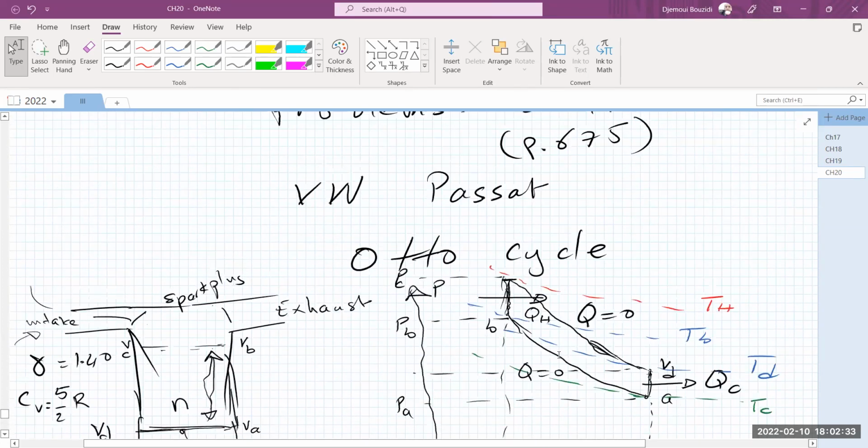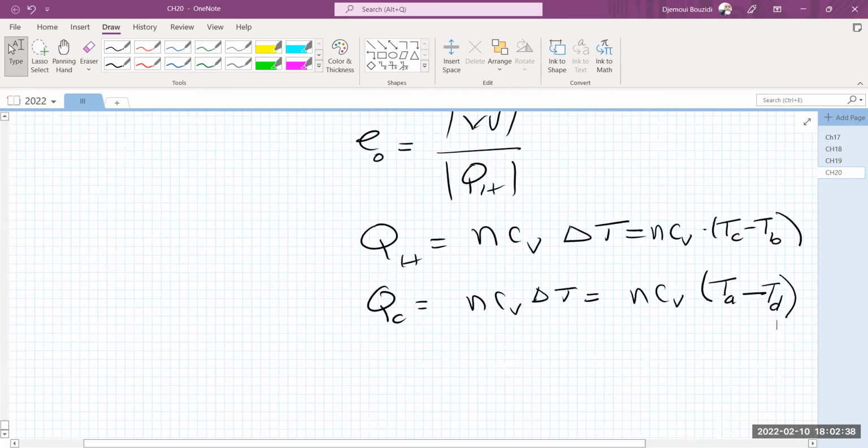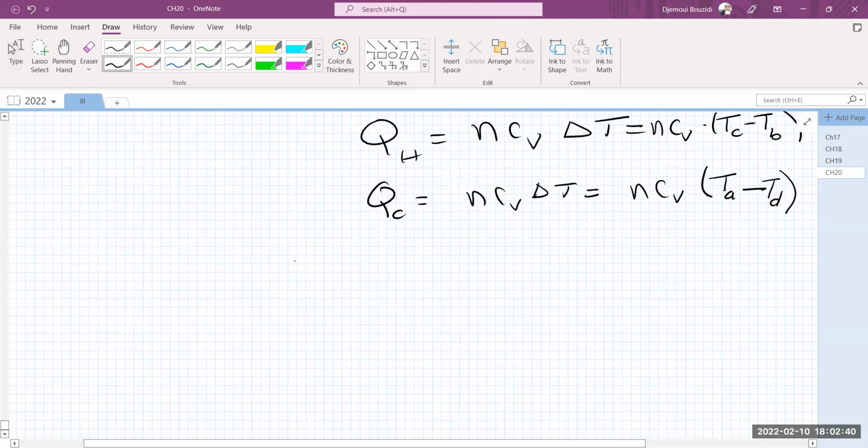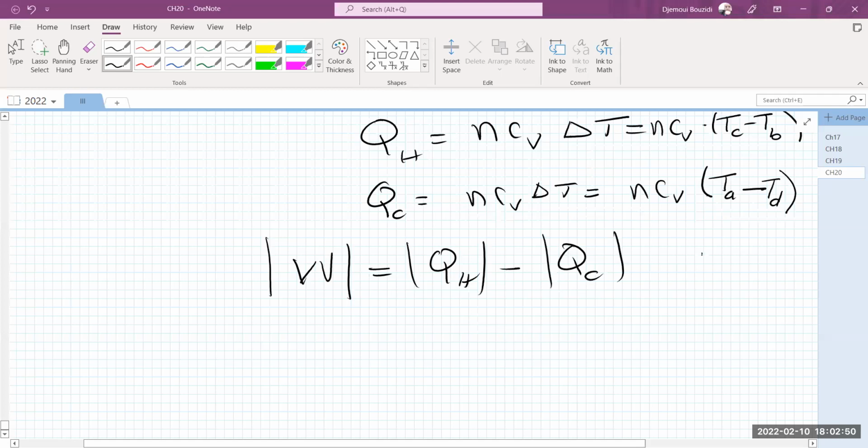Okay, there is no heat in this stage. There is no heat in this stage because those are adiabats. So in this case, the work W net must be equal to, in absolute value, QH minus QC for the entire cycle. That's it.